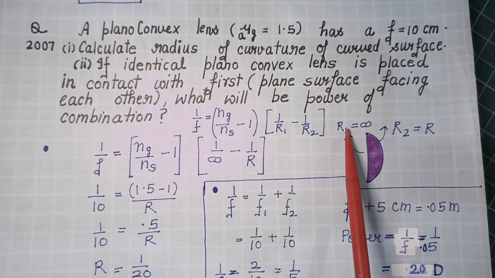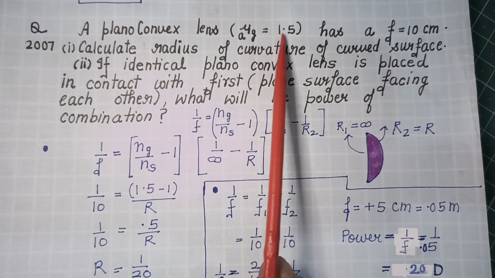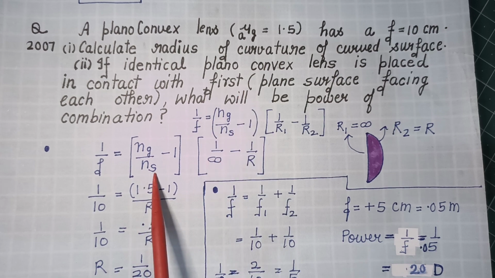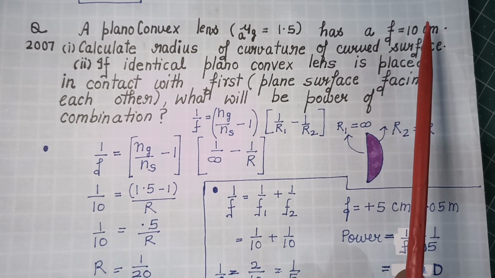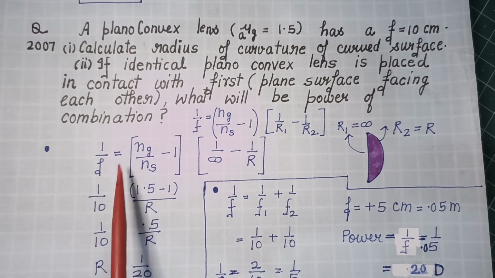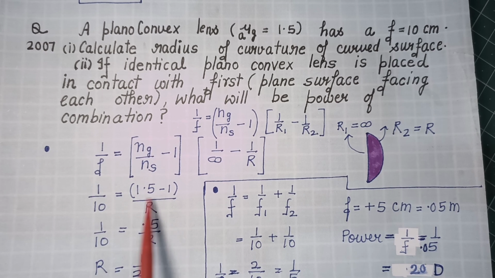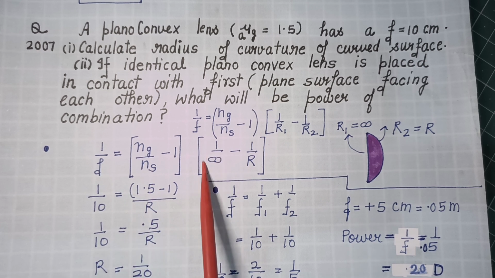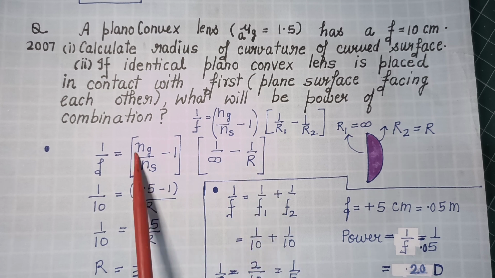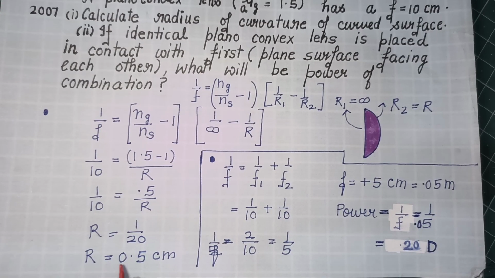When you substitute R1 as infinite, R2 as simply R, refractive index as 1.5, refractive index of surrounding medium as 1, and focal length 10 centimeter, then 1 upon 10 is equal to refractive index of glass minus refractive index of surrounding medium divided by refractive index of surrounding medium, which is 1, into 1 upon R1 minus 1 upon R2, and this will give you simply this expression. And calculation will provide you the value of R equal to 0.5 centimeter.